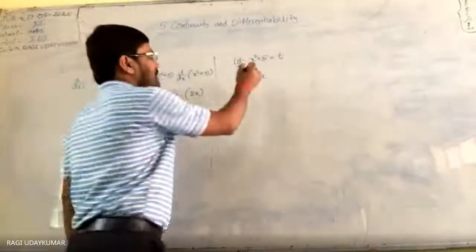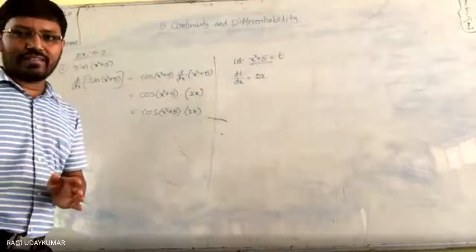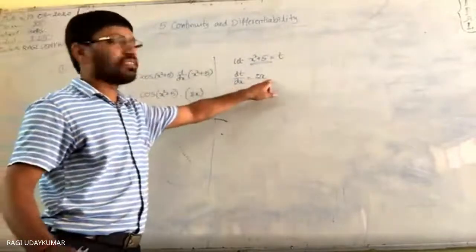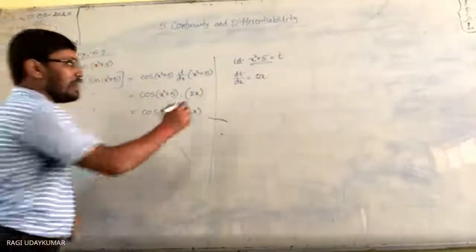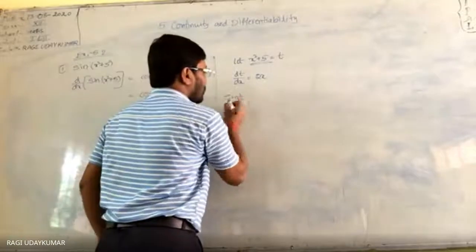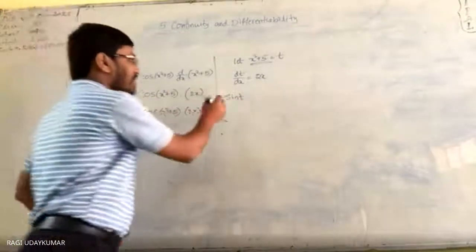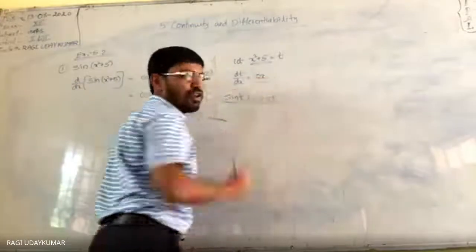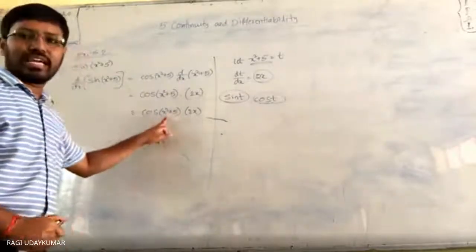This function is in terms of t. So do remember that in this process this is 2x, and the derivative of sin t, where we considered t, will be cos t. Multiplying cos t and 2x, we get 2x into cos t, and the value of t is x square plus 5.